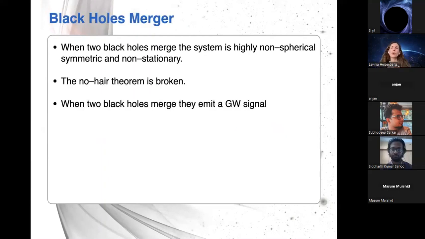So when two black holes merge, the system is highly non-spherical and non-stationary, and therefore the no-hair theorem is broken. Because of that, you have the hope to then emit gravitational waves. If you have just a single black hole, boring, sitting there, you will not have gravitational waves. Therefore, you really need a merging of two objects in order to break the spherical symmetry and to break the stationarity.